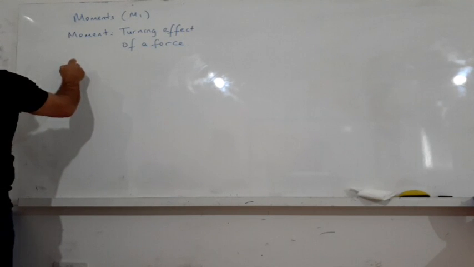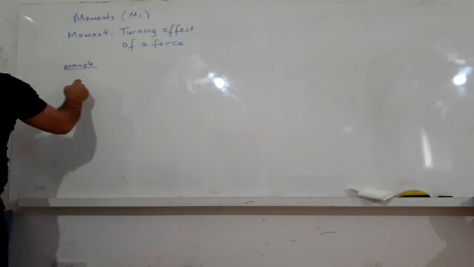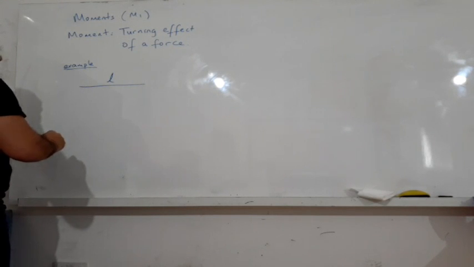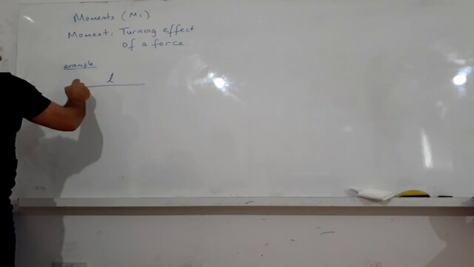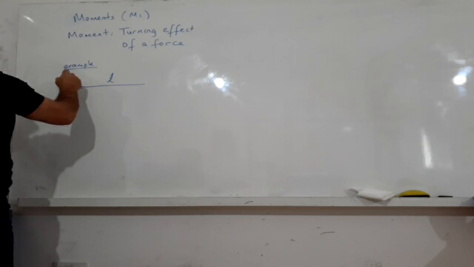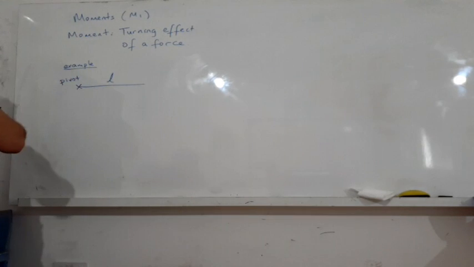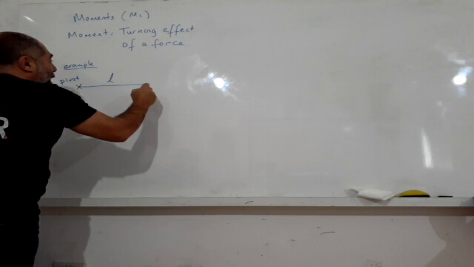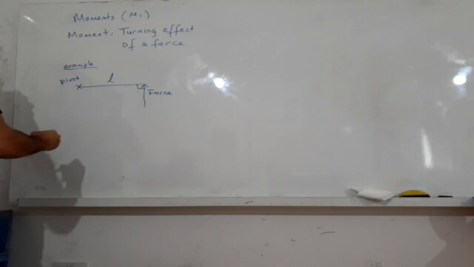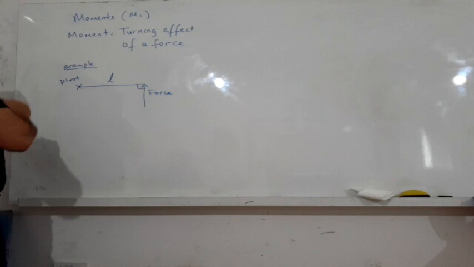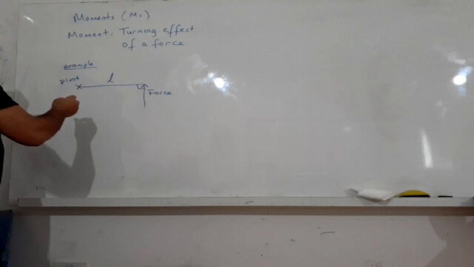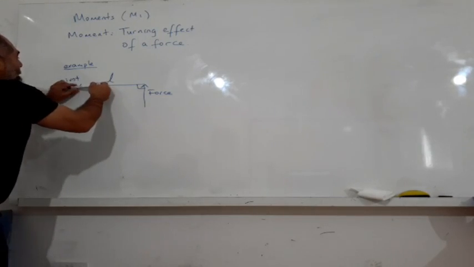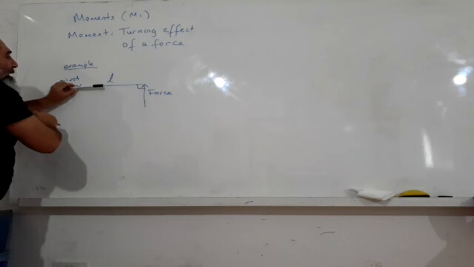If we have a rod here of length L, and if we have a pivot here, which is very important to have a pivot, and if we apply a perpendicular force here, and in M1 all the forces are going to be perpendicular, this is the pivot, my fingers holding the pen.